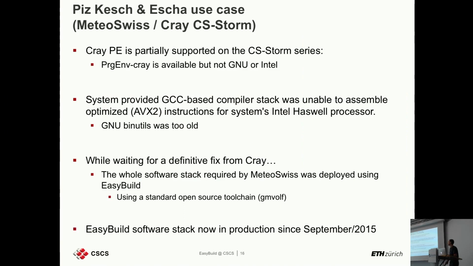In this case, as I said, the programming environment is not complete from Cray. The problem we had when we received this machine is that GCC was not compiling AVX2 instructions for Haswell, and the machine was Haswell based. We opened a ticket with Cray to complain about that.